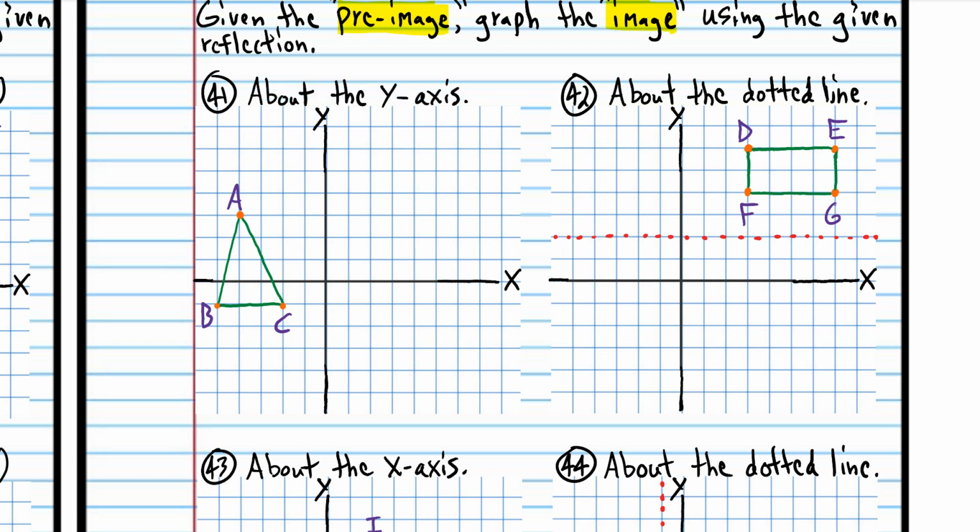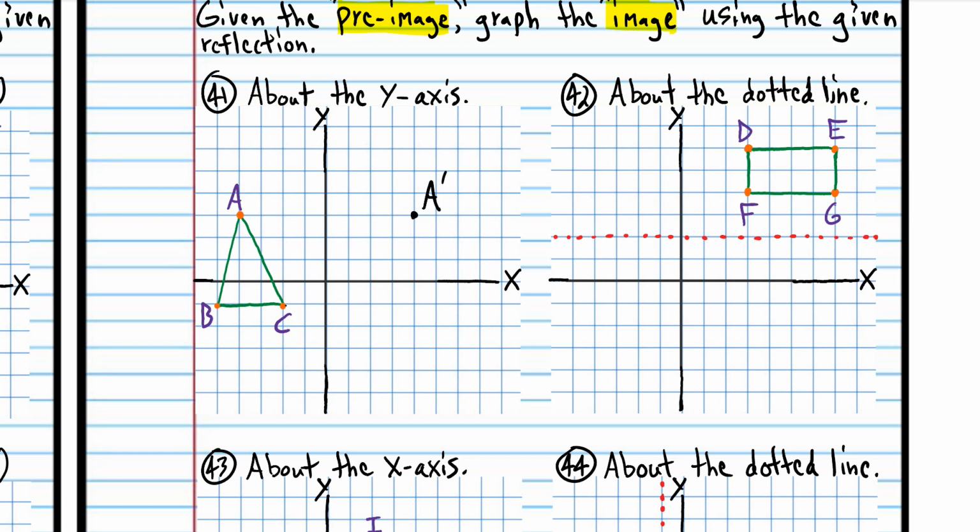So what that means is that we're going to take each point, and we're going to count how many units to the y-axis, and then we're going to go beyond to the other side that same number of units. So if we go 1, 2, 3, 4 units, we have to go past 1, 2, 3, 4 units to get our next point. So that is A prime.